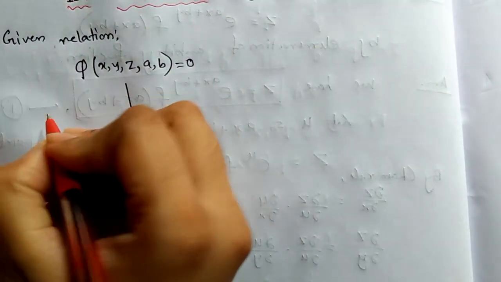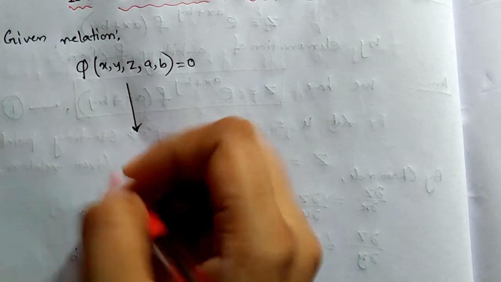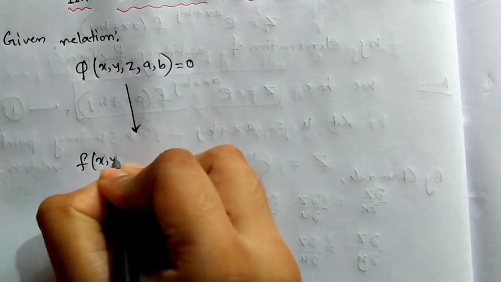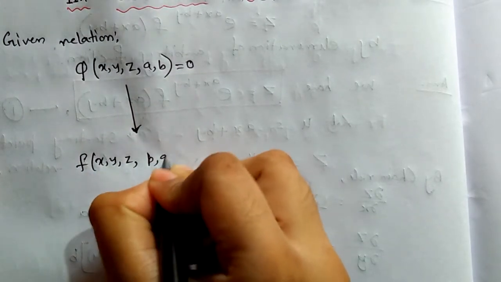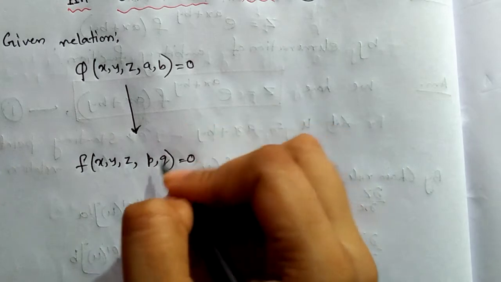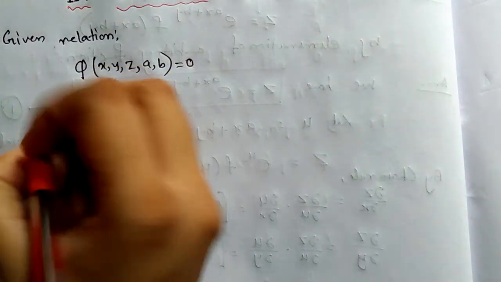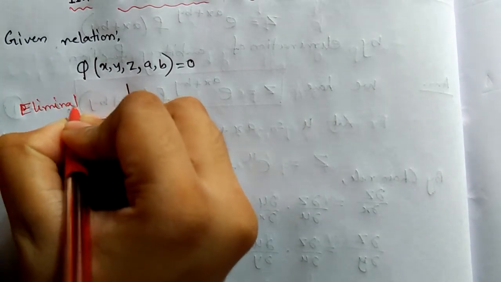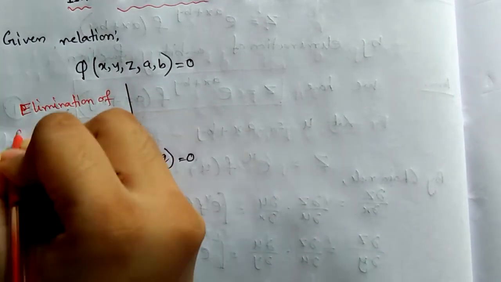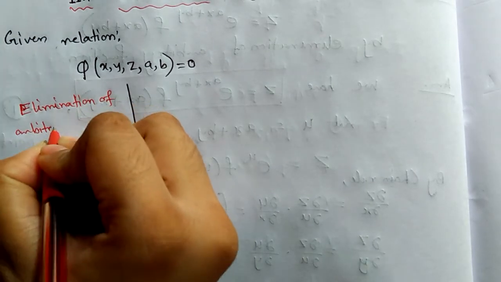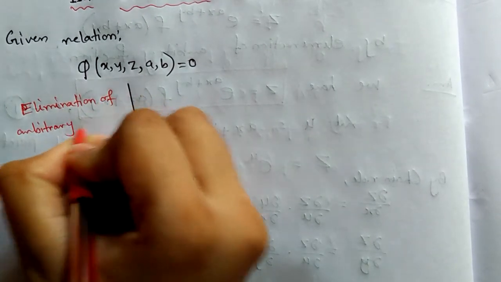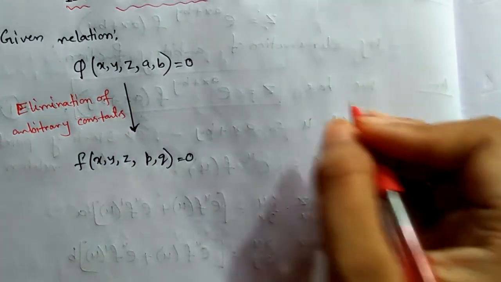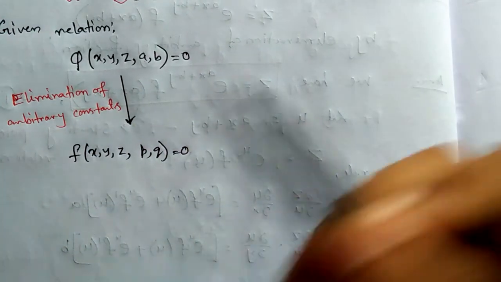In this case, we construct a PDE f of x, y, z, p, q. We construct this PDE by elimination of the arbitrary constants a, b.